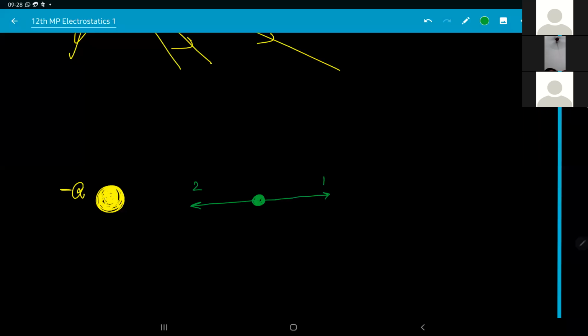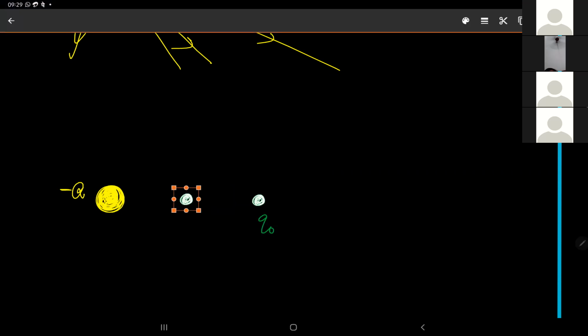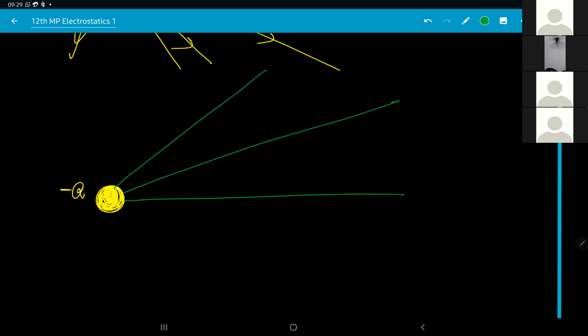Second. The second will be correct, because the test charge is always a 1 coulomb positive charge, and definitely it will move towards the charge like this. That means the electric field lines are the same again, but at this time the direction will be towards the charge. Clear? The direction will be towards the charge.